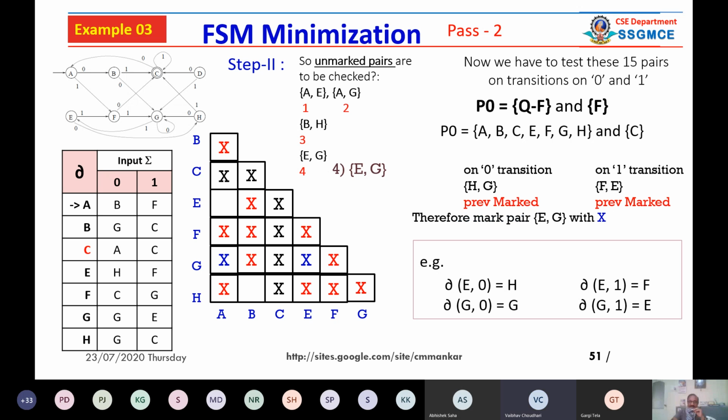तो EG को हम इनपुट 0 देते हैं तो क्या होता है, और इनपुट 1 देते हैं तो क्या होता है. So EG on 0 goes to HG and EG on 1 goes to FE.